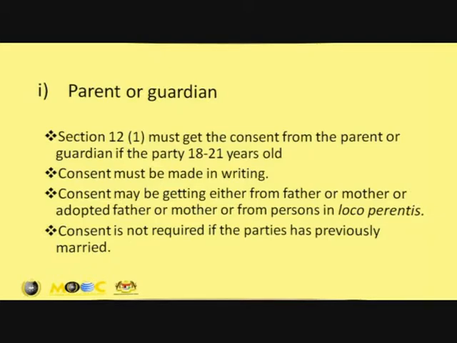And this consent must be made in writing form, and it may be obtained either from father or mother or adopted father or adopted mother or from persons in loco parentis. However, the consent is not required if the parties have previously married.